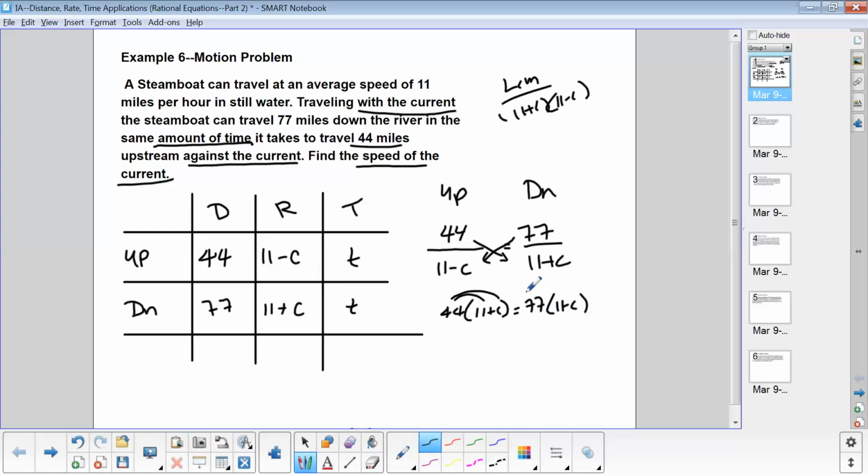So if we distribute, we should get 484 plus 44c equals 77 times 11, which is 847 minus 77c.